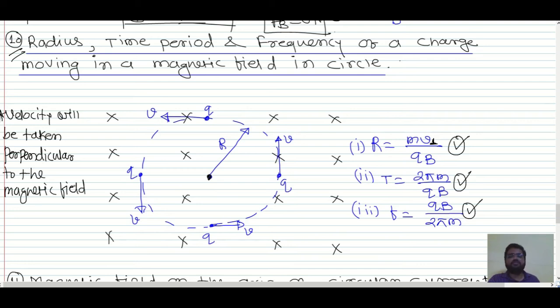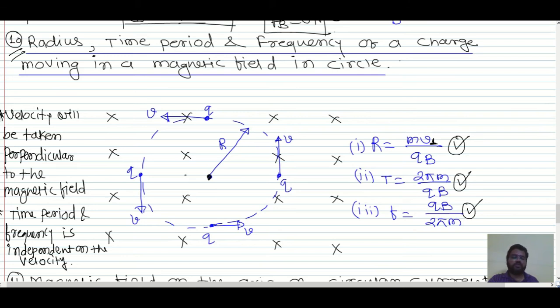And one more very important point, time period and frequency is independent of the velocity. So I hope this is clear.